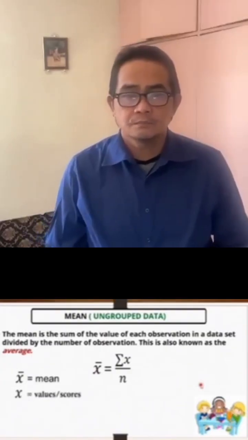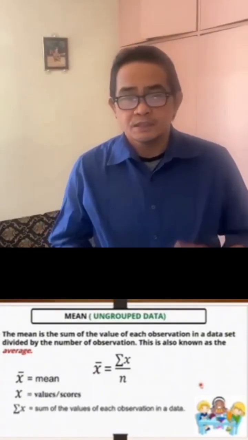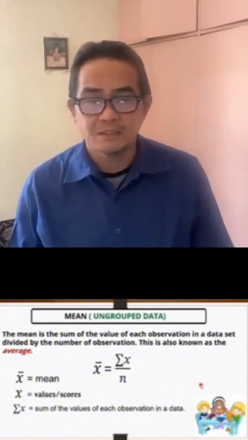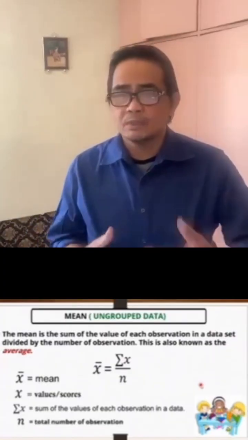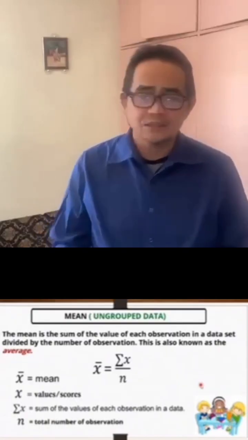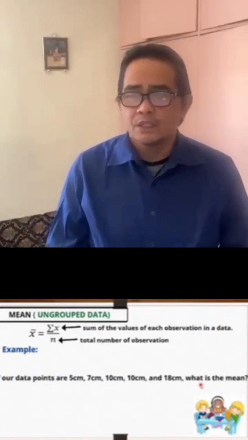Our data points are 5 centimeters, 7 centimeters, 10 centimeters, and 18 centimeters. What is the mean? So it's very easy, no? All you have to do is to calculate. This is somehow related to your previous lessons when you were tasked to add the different numbers and find the sum.